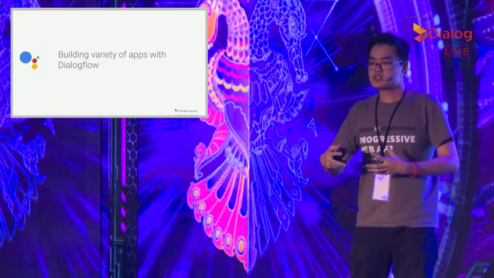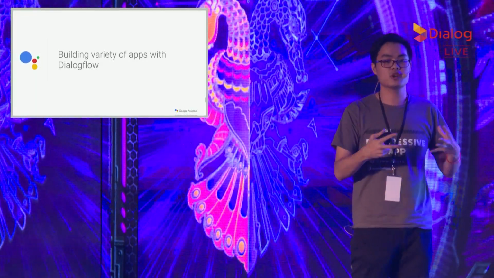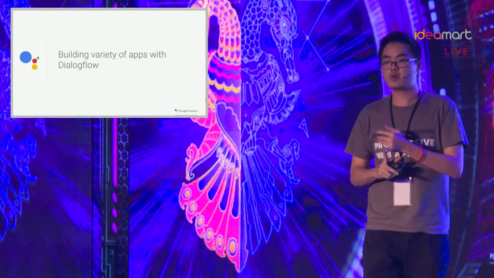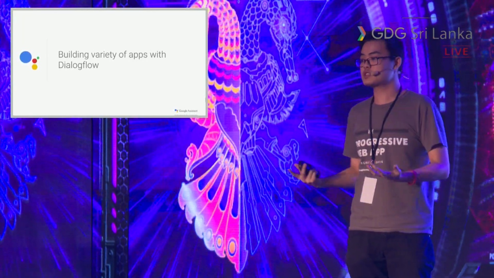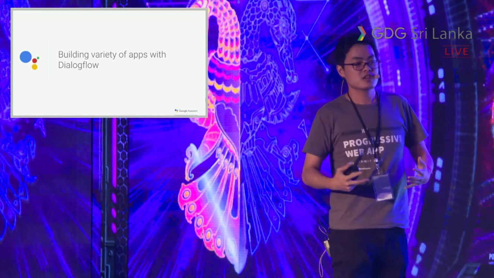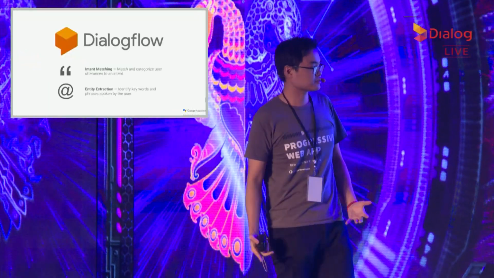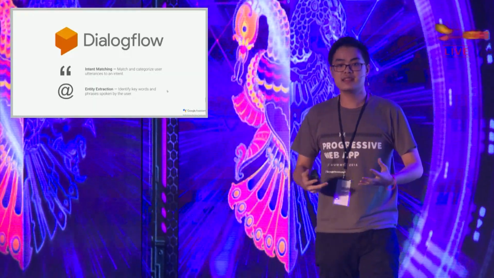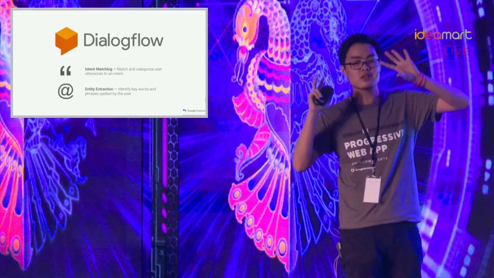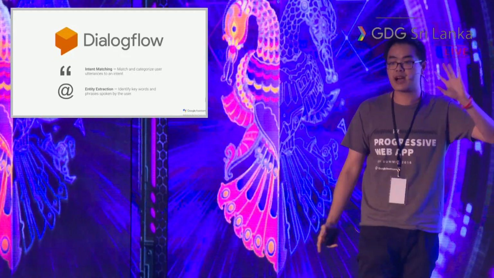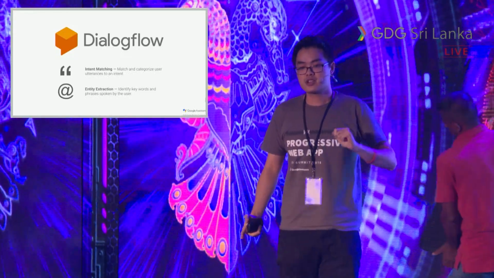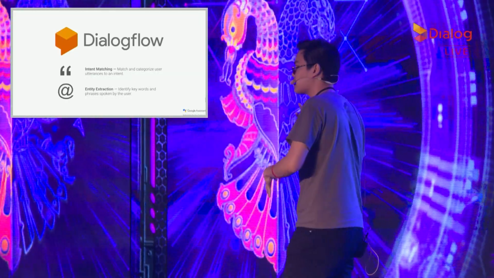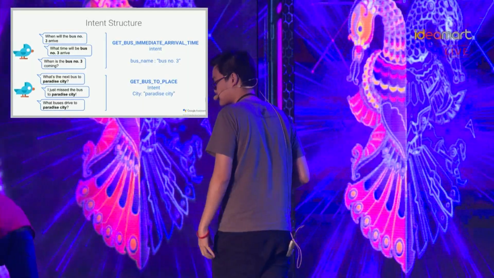So you as a developer do not need to worry about how to convert speech into proper actions. That is the number one challenge developers face when they try to build voice applications. So with Dialogflow, you're able to create applications easily and let the natural language processing and all the machine learning be done by Dialogflow itself. So you don't really need to handle this information. And all of this can be done very easily with Dialogflow.